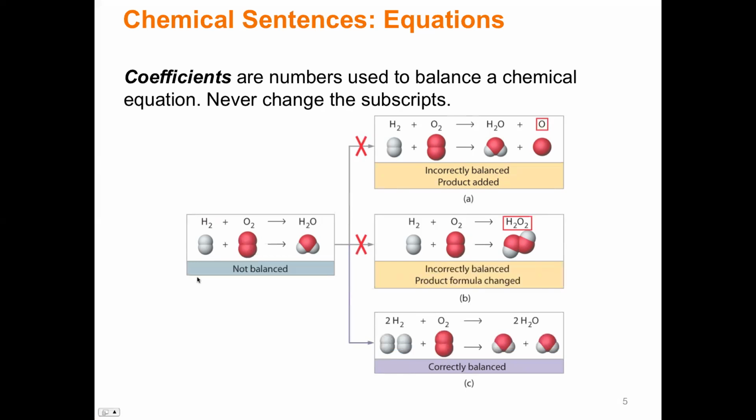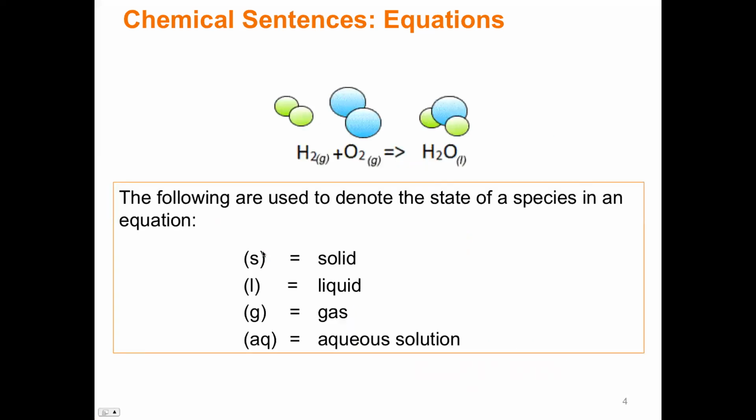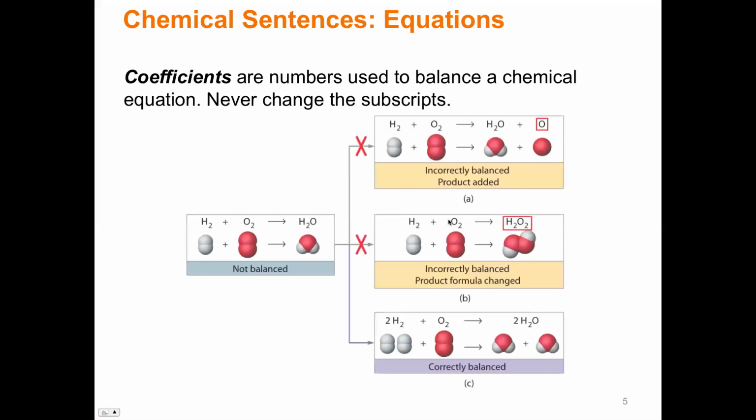So if we look at what we were just discussing, combining hydrogen and oxygen and getting water, you'll look at this and say, well, this isn't balanced, right? Because you've got two of these, two of those, and over here only one of those. And indeed, it's not balanced. Now, you can't make something new here.